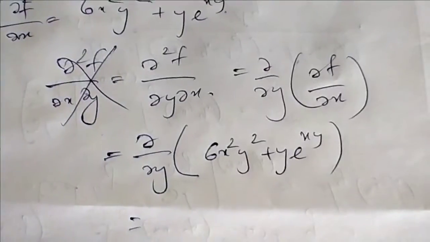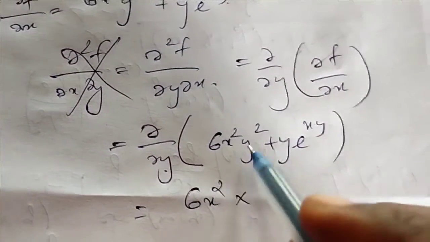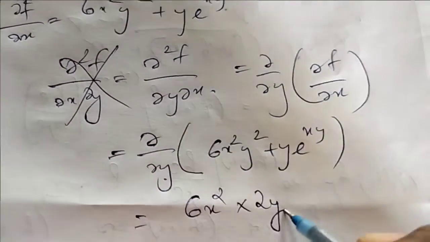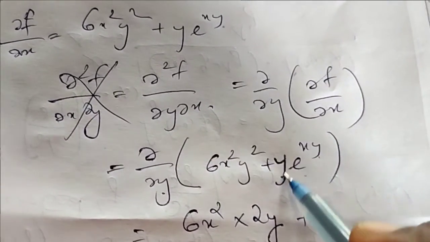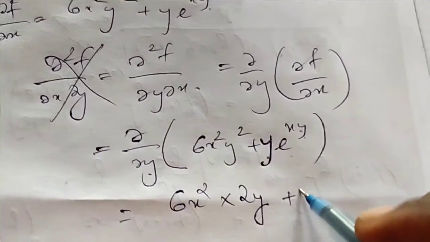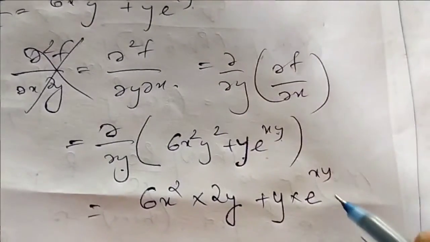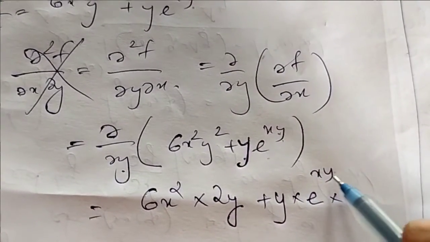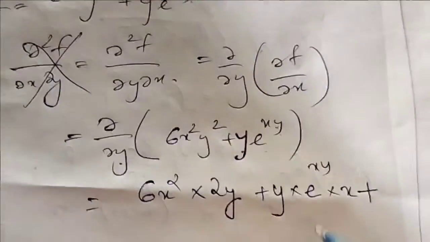Then with respect to y, derivative means x is a constant. So 6x² into derivative of y² is 2y, plus y e raised to xy. Here y is the variable, e raised to xy is also a variable, so we can apply the product rule. So y into e raised to xy derivative is e raised to xy itself, that into x, constant with respect to y, plus second into derivative of first.